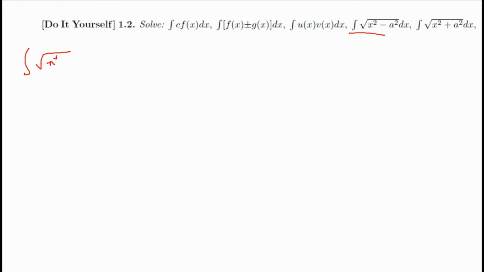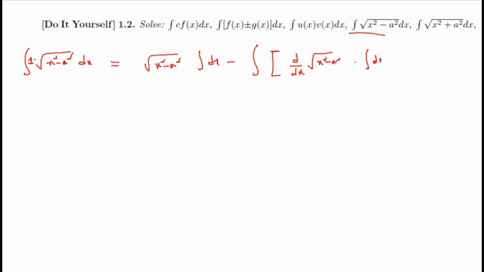root over x square minus a square dx. Here we will use the integration by parts rule, and we will differentiate that one. So here we consider this as 1. So root x square minus a square integration dx minus integration of d/dx root x square minus a square into integration dx, dx.